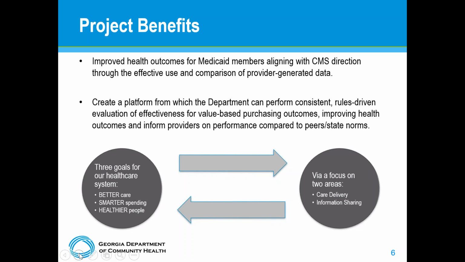Ultimately, the three goals of the healthcare system are better care, smarter spending, healthier people by way of care delivery and information sharing. And this kind of goes back and forth. So as we work together through the system, we can make these types of things happen.